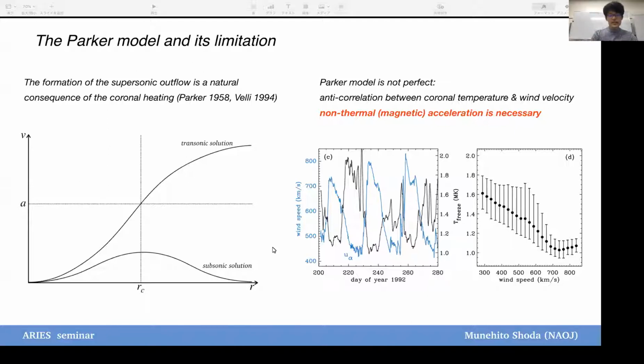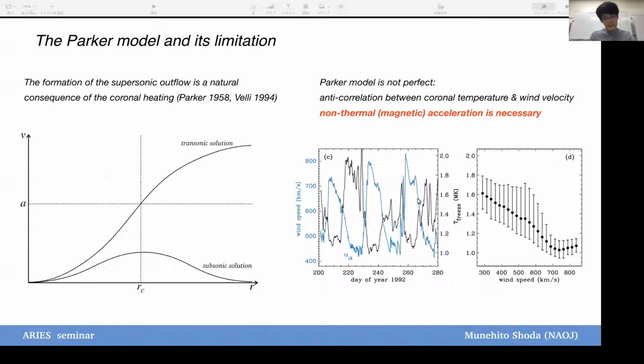But what actual solar wind observation shows is that there is an anti-correlation between the coronal temperature and the corresponding solar wind velocity. So what I'm showing here is the relation between the coronal temperature and solar wind velocity. The horizontal axis is the time, and this blue line shows the solar wind velocity.